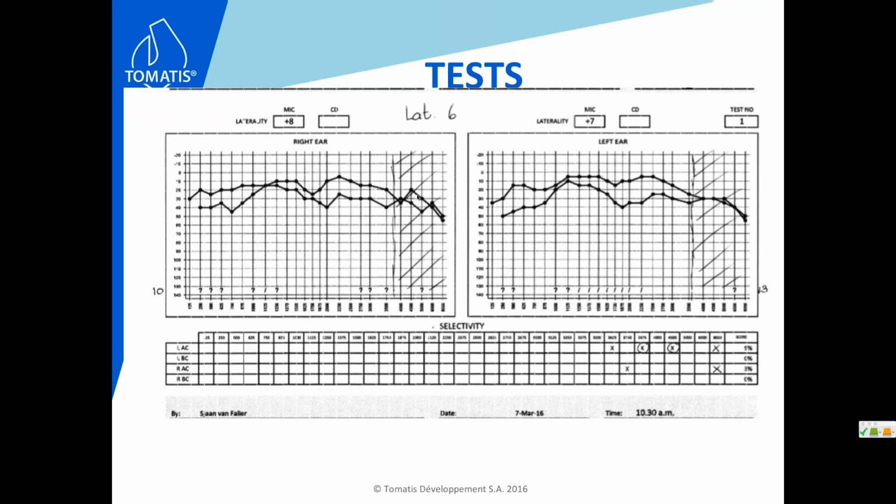The left ear is in relation also with the past. That's why sometimes when you have problems that appear on the left ear, the person may not be conscious of it, because for Tomatis it is in relation to the past.